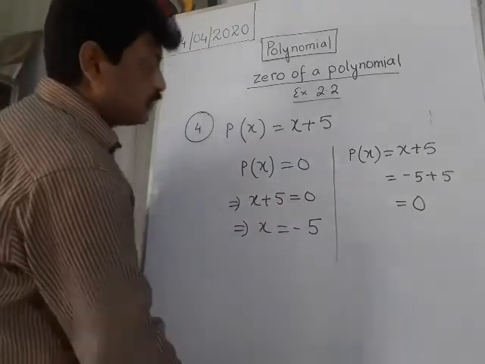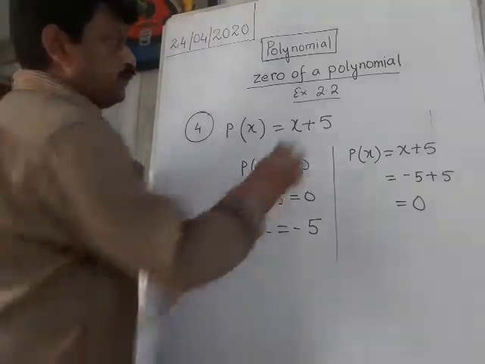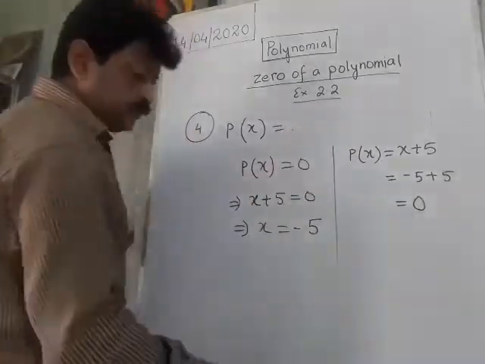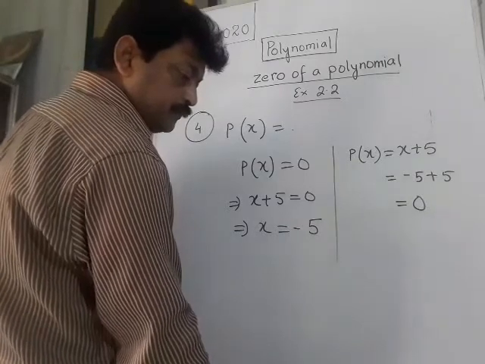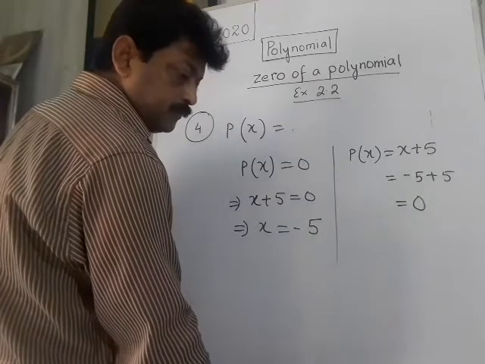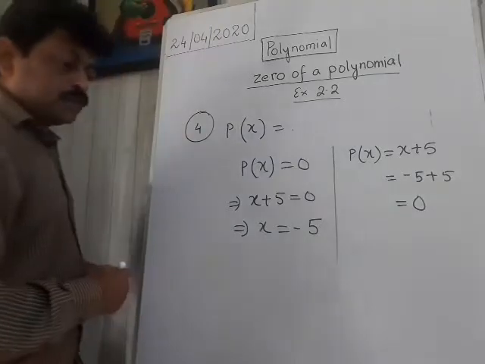Let me give you another example. Suppose p(x) equals 2x plus 5.